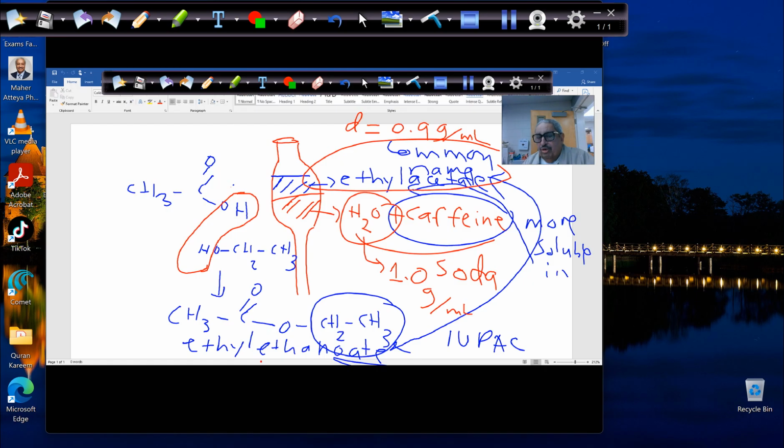So the extraction or separation is really not based on polarity, because both H2O and ethyl acetate are polar, but we separate them due to their differences in densities. And of course the solubility, to some extent: the solubility of caffeine in ethyl acetate is higher than the solubility of caffeine in H2O.